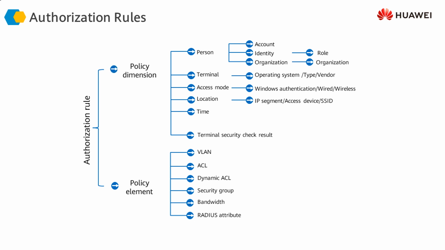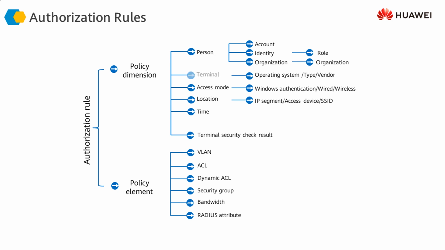One part is called the policy dimension and the other one is called the policy element. These two components together make up an authorization rule. By policy dimension, we mean the characteristics of the person on whom we want to apply the policy. And the policy elements are the tools or techniques that we have at our disposal, according to which we can control the access of those users.